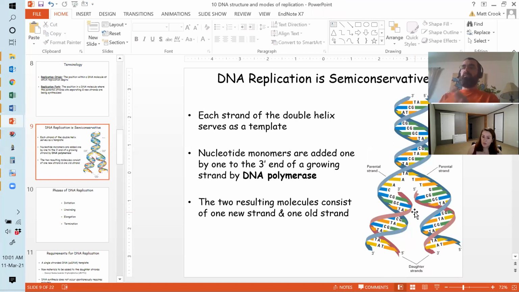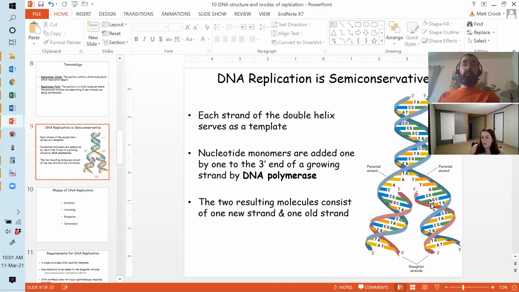So we have a replication fork going up the page, like so. And we have one strand, this one, being made in the same direction as the replication fork is moving. Because you can see here, this is the 3' end. So we can add, next one will be a C, or next one will be a G, a T, an A, whatever matches this template, this parent, going in the same direction.